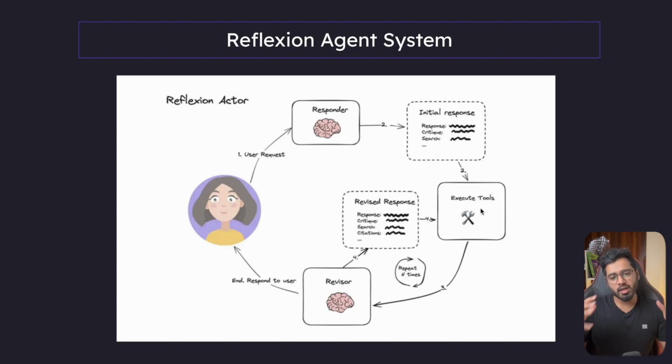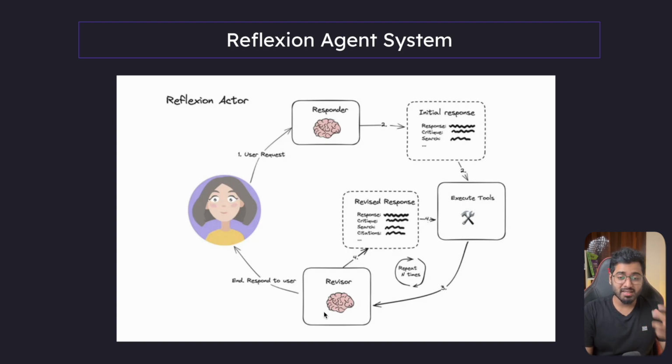So what do we have so far? We have the initial response with the response, critique, and the search terms. We also have the internet search results of the search terms ready. So we have both the initial response as well as the new live data ready. Now, both of those pieces of information are fed into the second subcomponent, which is the reviser agent.